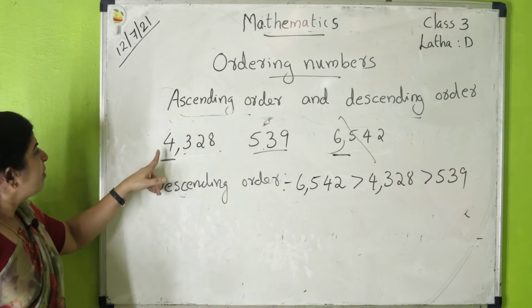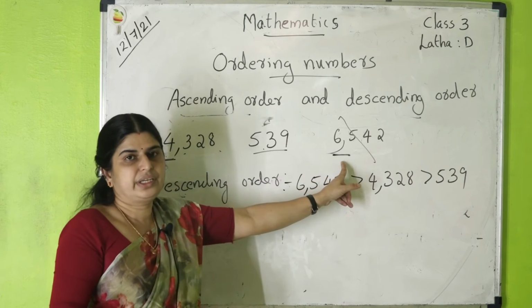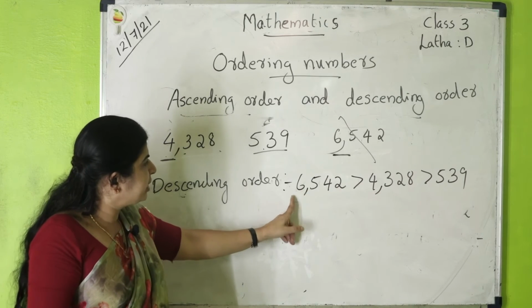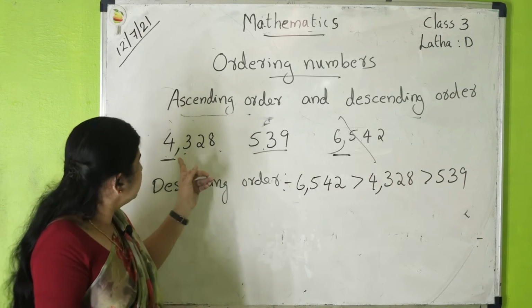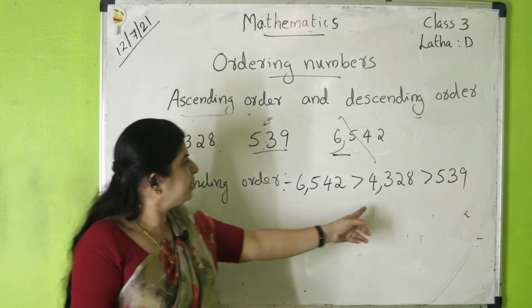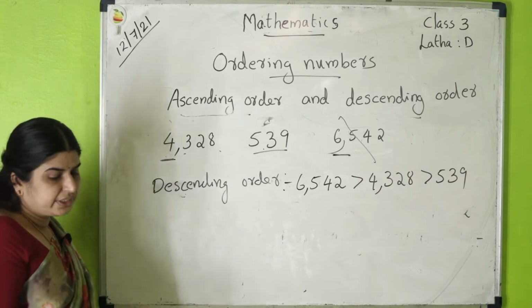Here 4 is the smaller number, and 6 is the greater number. Therefore, first we write the greatest number, that is 6,542. Next the greater number 4,328, and the smallest number 539.